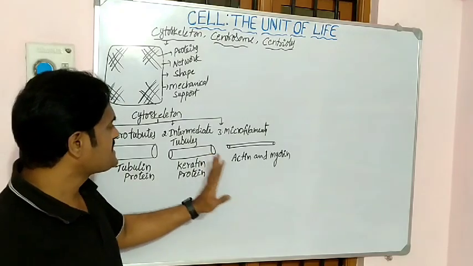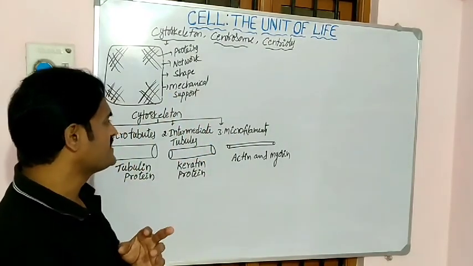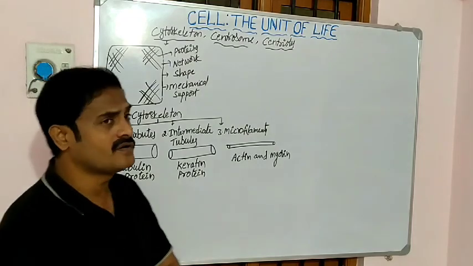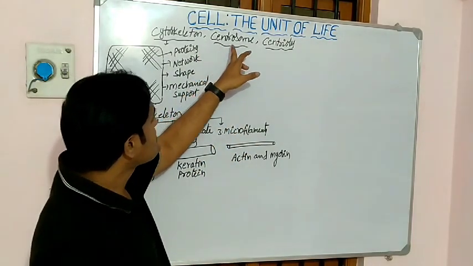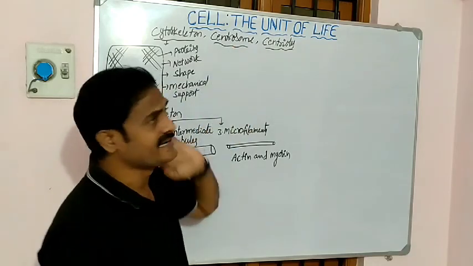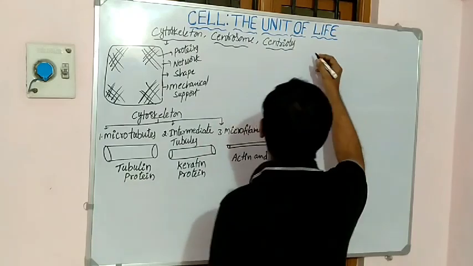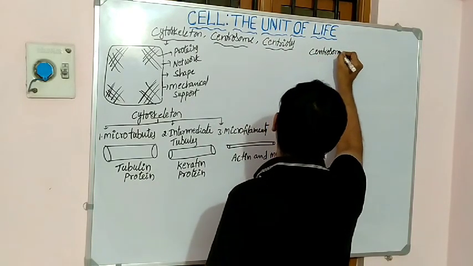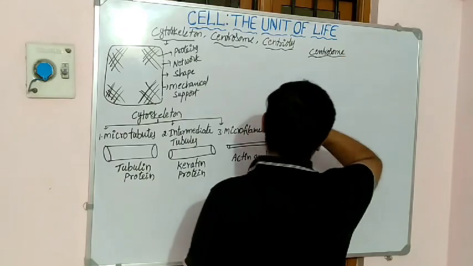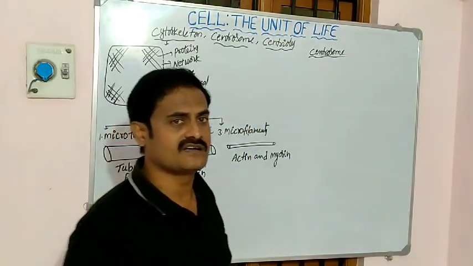Then now we have discussed the cytoskeleton, so centrosome and centrioles. What about centrosome? Now coming to the centrosome. Centrosome is one of the plant cell organelles.